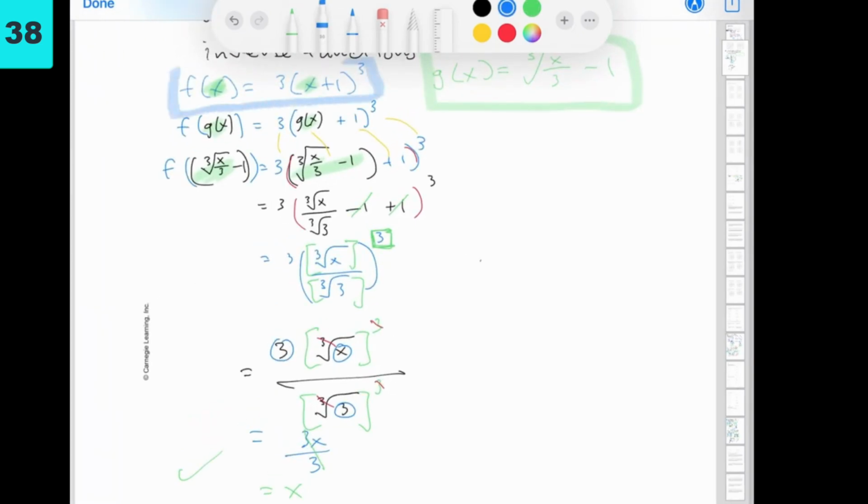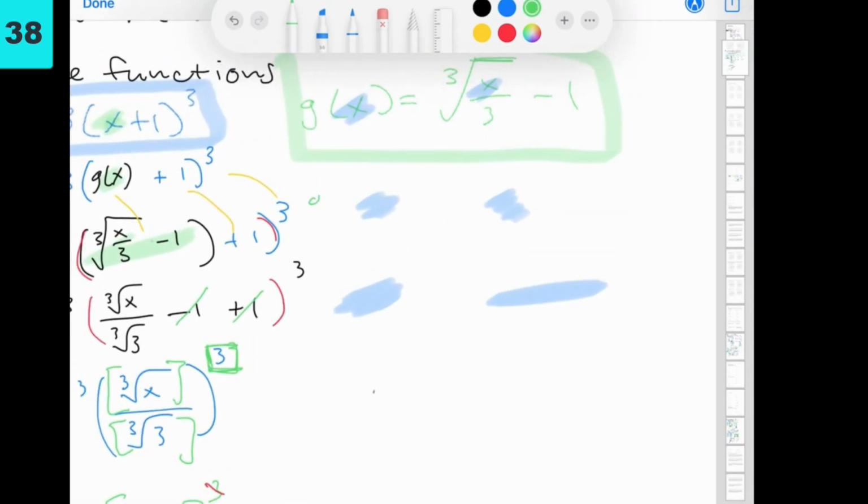Let's put in f of x now for every x value that we see. Alright, let's write out our green for g of x. And we're putting in f of x.